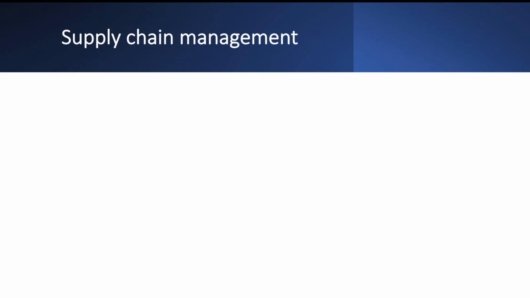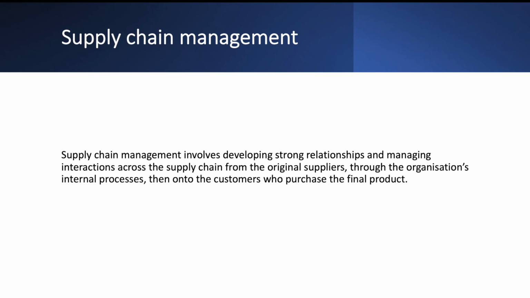Supply chain management. Supply chain management involves developing strong relationships from the actual original supplier, through the organization's internal process, and then passing it on to the customers who purchase the final product.